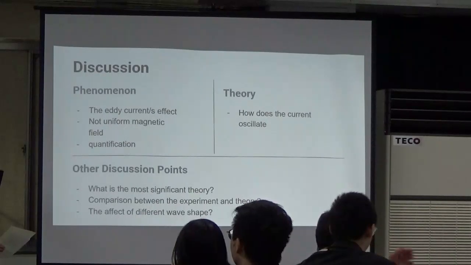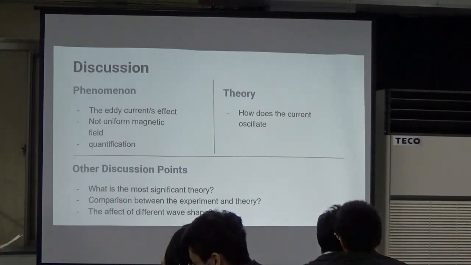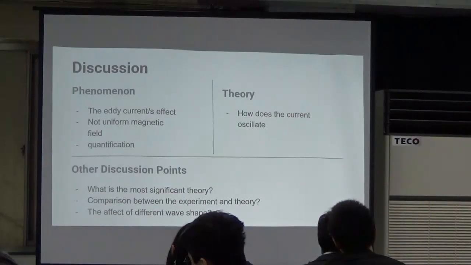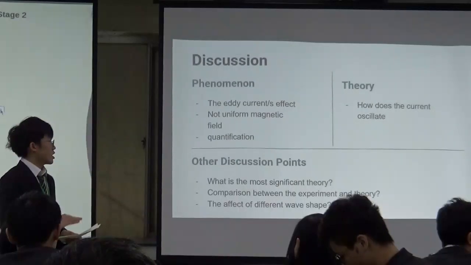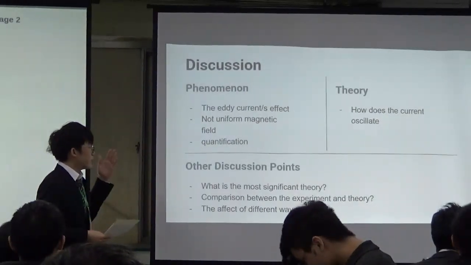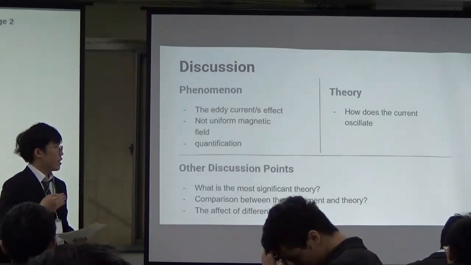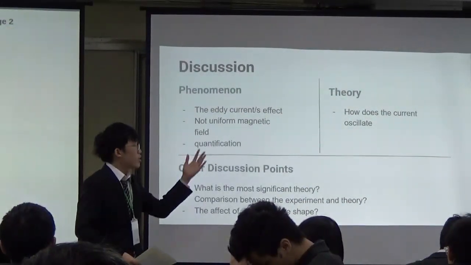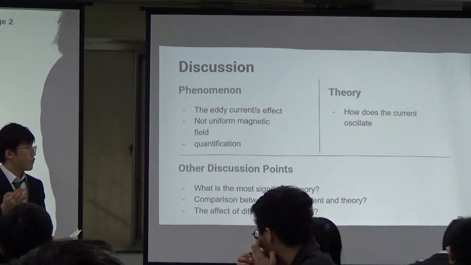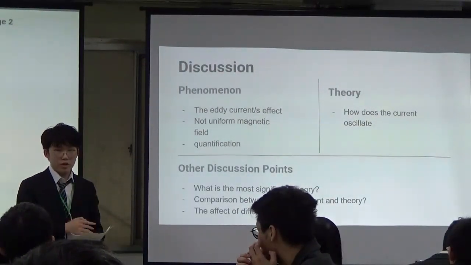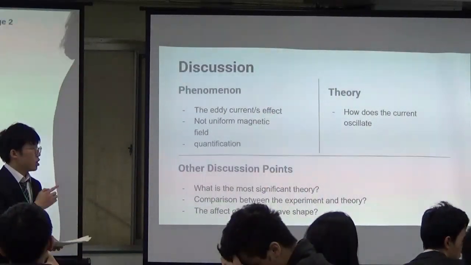Well, first is the phenomenon. I would like to discuss how eddy current affects the experimental results. And also, they mentioned they have a non-uniform magnetic field. And the big problem, I believe, is the quantification. I believe they do not quantify the results. And also the theory is about how the current oscillates and how we can infer from the oscillation of the current, since they mentioned that they use an oscilloscope to measure the current.